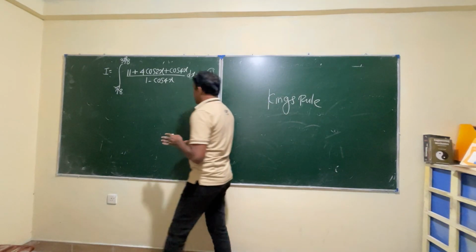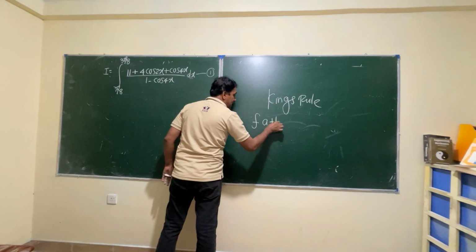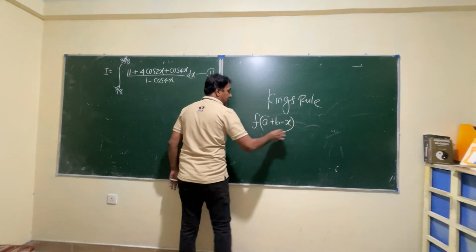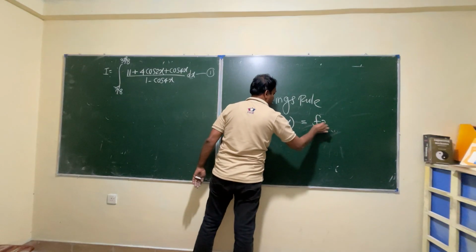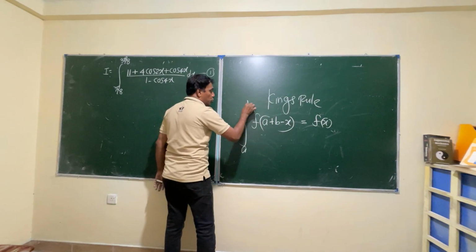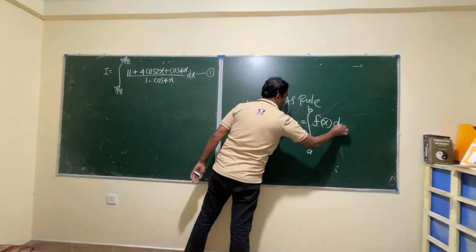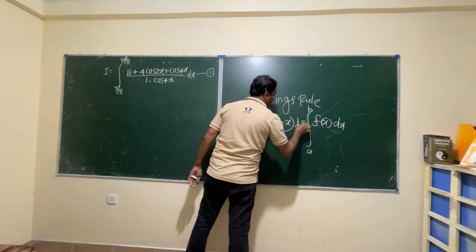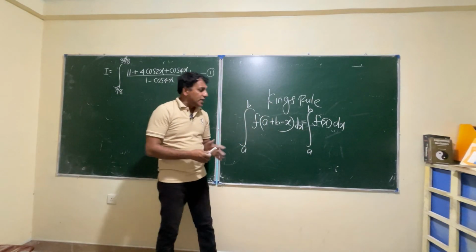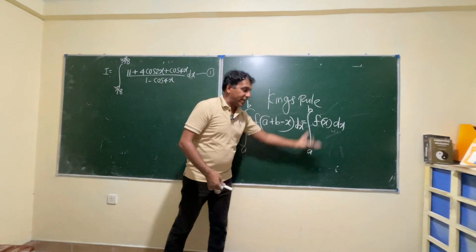The King's rule says the integral of f of a plus b minus x equals the integral of fx, with boundaries a to b, dx.